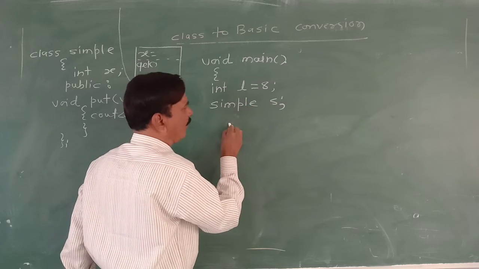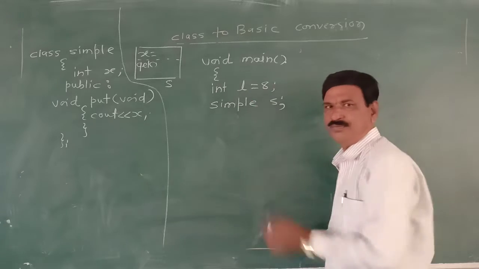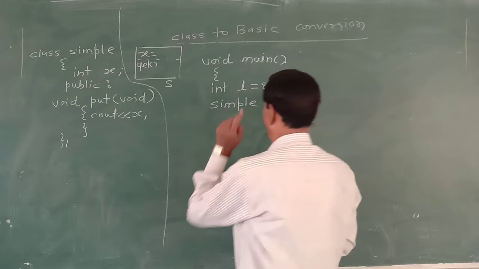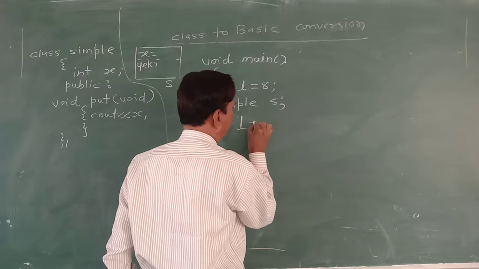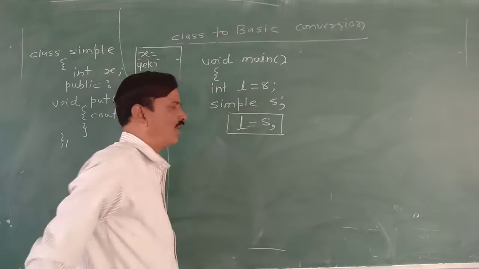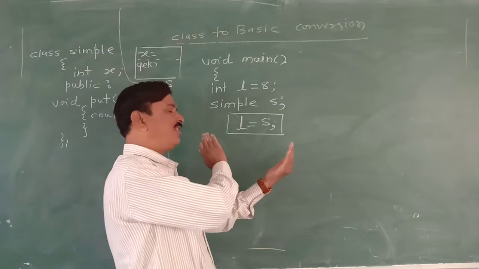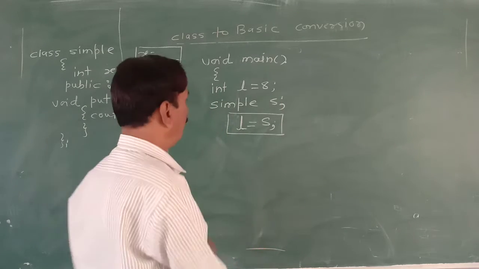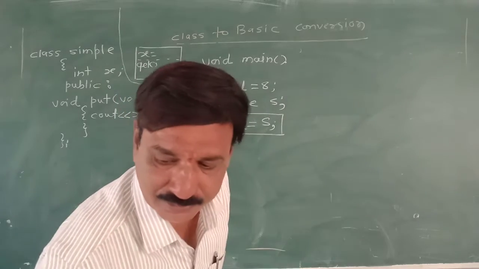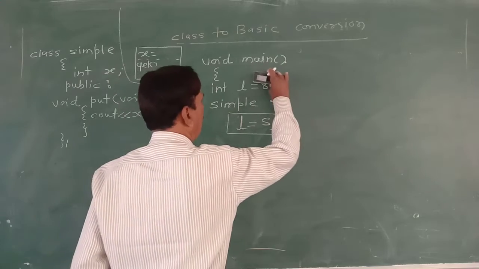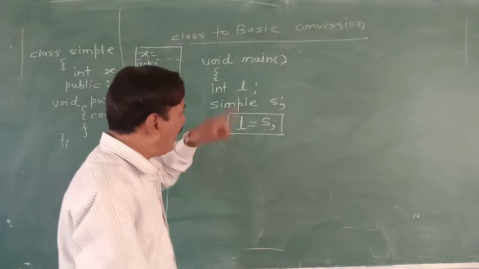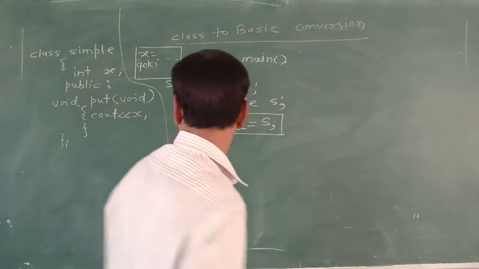Now class to basic. L is equal to s. Look at this expression. In the last period we have seen s is equal to L. Now basic L. Suppose L is uninitialized, and s is initialized.